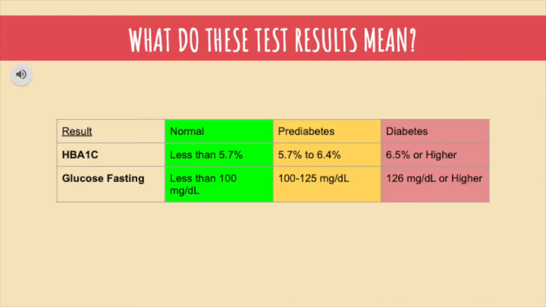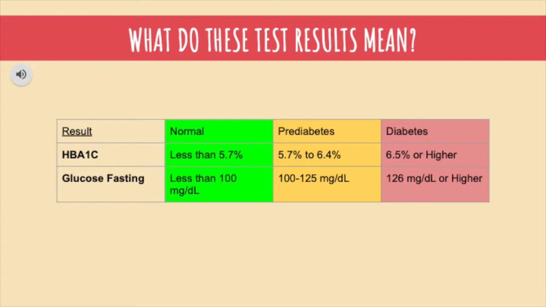So now that we have an understanding of all these different types of tests, I really wanted to get into what these results mean. Although the numbers aren't as important to know as what the ranges are, it's still worthwhile to go over where the line is drawn between normal and high levels of blood glucose. This is important for people that are being diagnosed with diabetes for the first time, or you've already been diagnosed and you're trying to control your blood sugar levels from a long-term perspective, right?